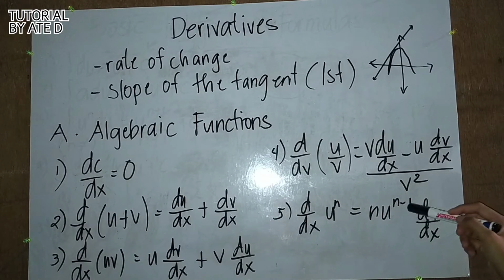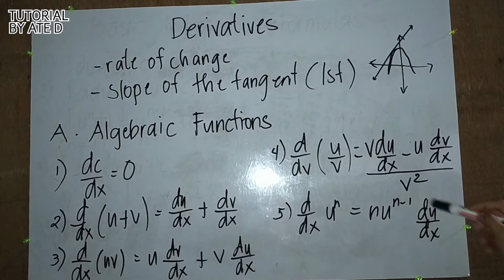Tapos, ima-minus mo, tatanggalan mo ng isa yung exponent. Tapos, i-multiply mo yung derivative ng nasa loob ng parenthesis. So, mas maintindihan nyo mamaya pagkatapos kong maipakita kung paano gamitin ang mga derivatives nito.